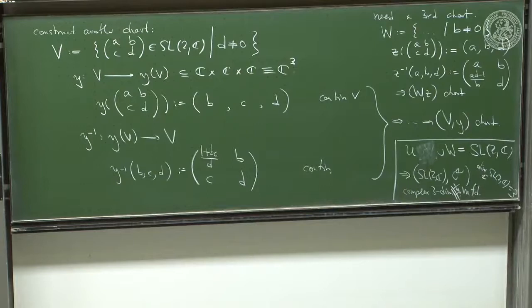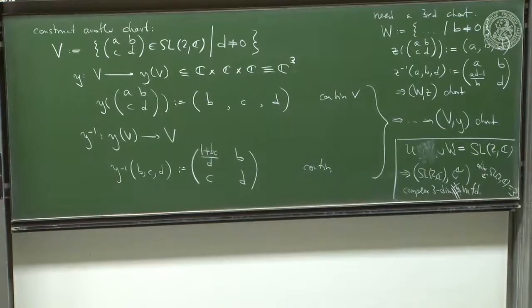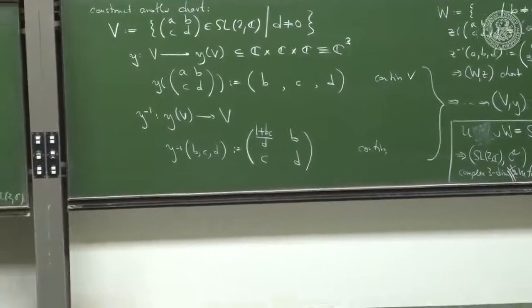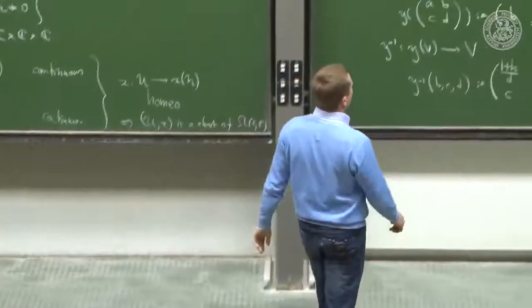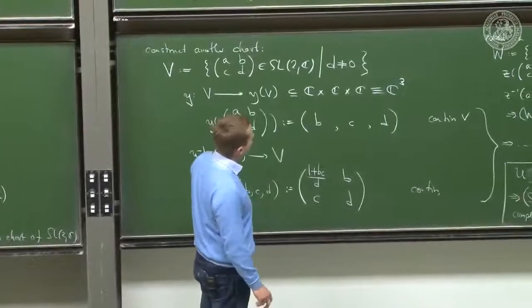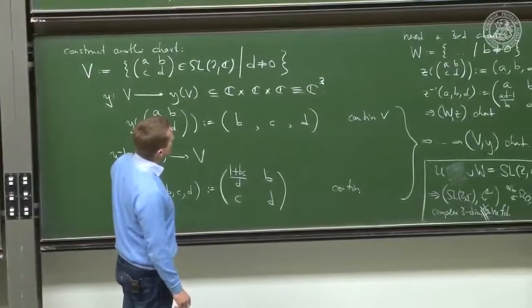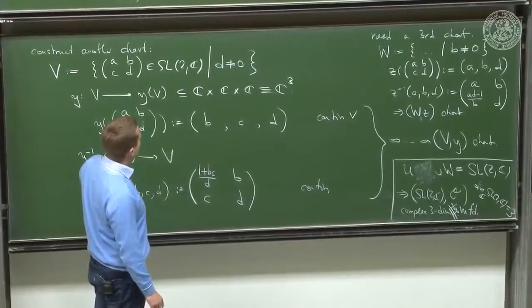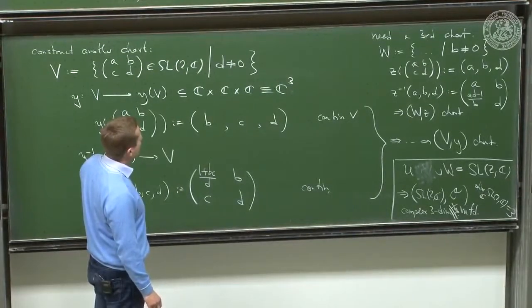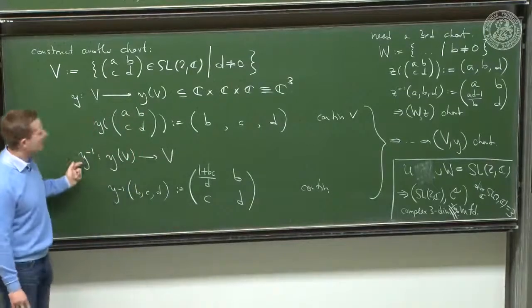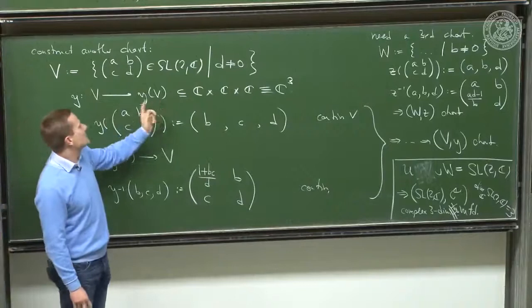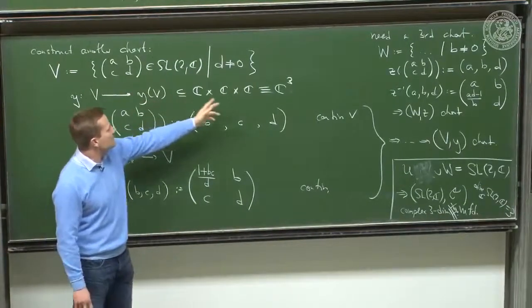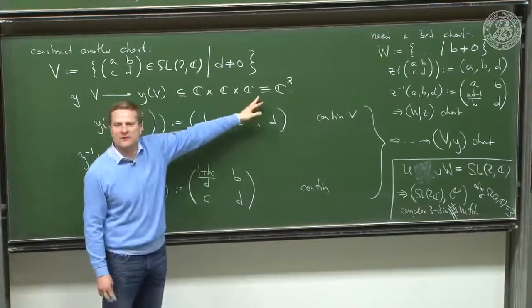Yeah? How would you notice if you had mapped into too many dimensions, like mapped into C^4? Well, you would not be able to have a bijection then. You have a Y and a Y inverse. So you mean this could be a subset of C^4, but one of the coordinates I never use?